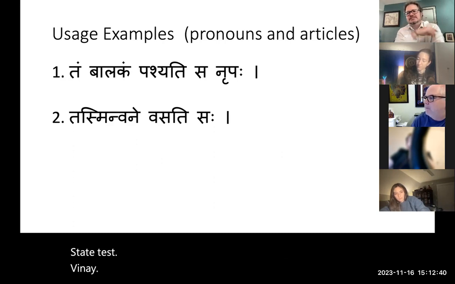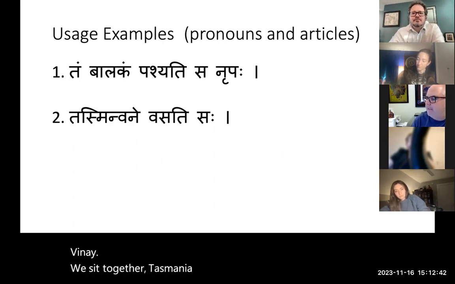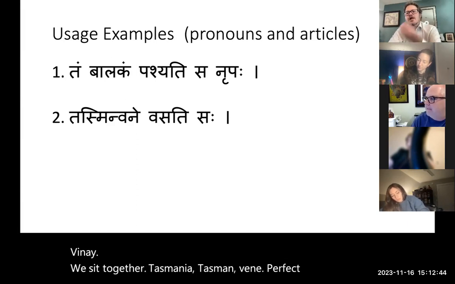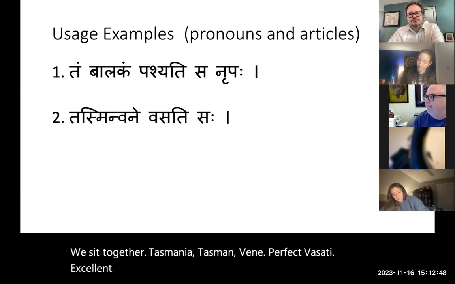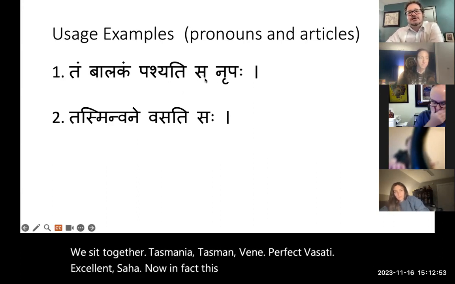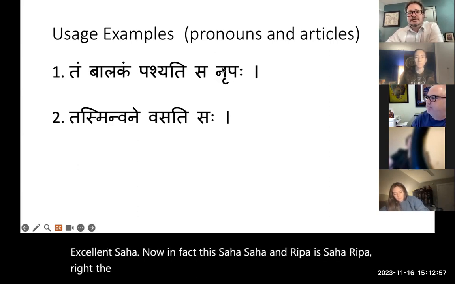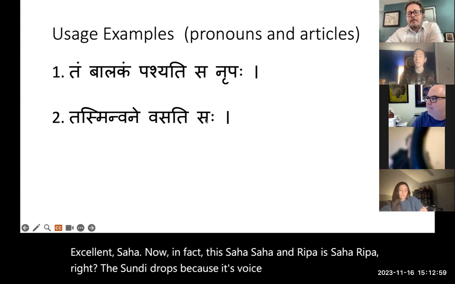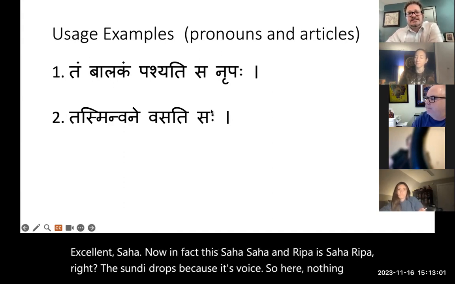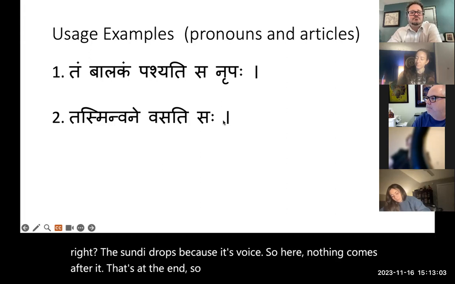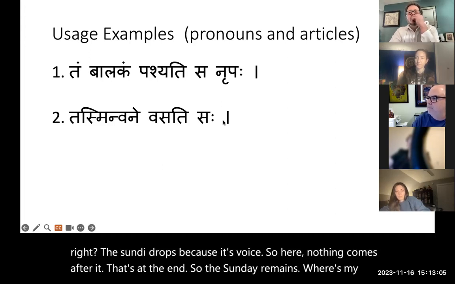We say it together. Tasmin Bane. Perfect. Vasati. Saha. Excellent. Now, in fact, Sa and nripa is Saha nripa, right? The Sandhi drops because it's voiced. So here, nothing comes after it. It's at the end. So the Sandhi remains. Where's my verb?